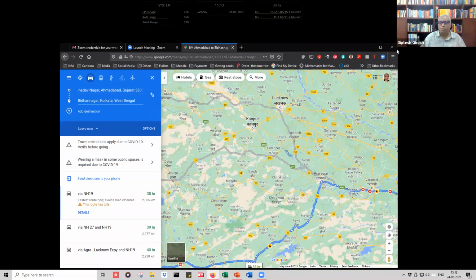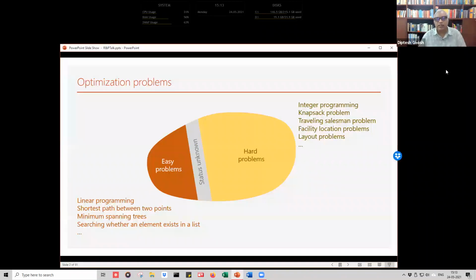On the other hand, let us talk about something which is a hard problem. Let's talk about the traveling salesman problem. This is a problem which you would face, for instance, if your local supermarket has a delivery service. If you're looking at a supermarket like Big Basket, every day they would have a bunch of locations in which to deliver their items.